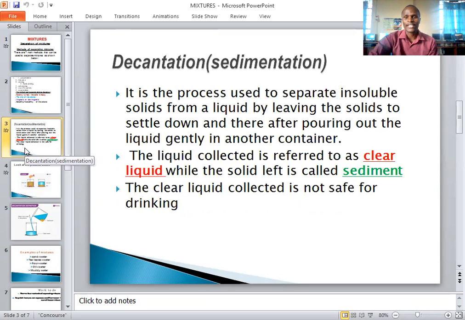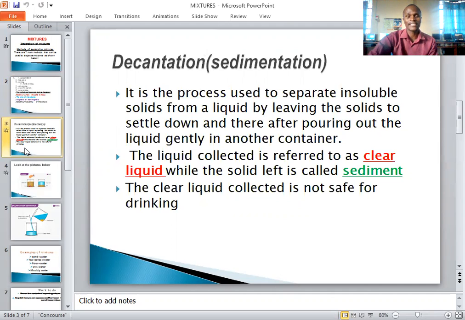If you put a solid in water but it does not dissolve, then we are saying that that solid is insoluble. So decantation is a process used to separate insoluble solids from a liquid by leaving the solids to settle down, and thereafter you pour out the liquid gently into another container.